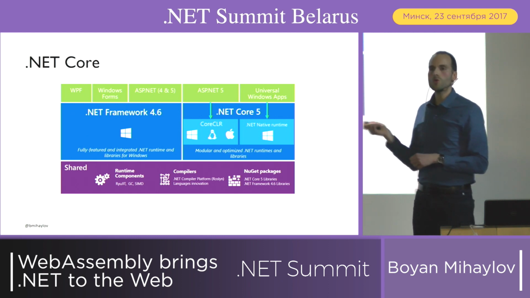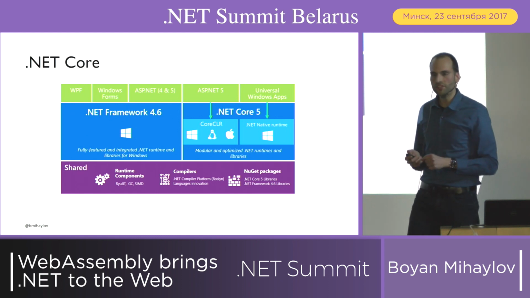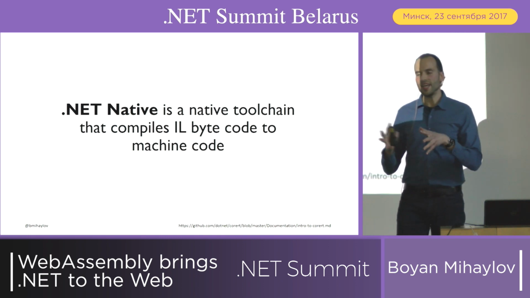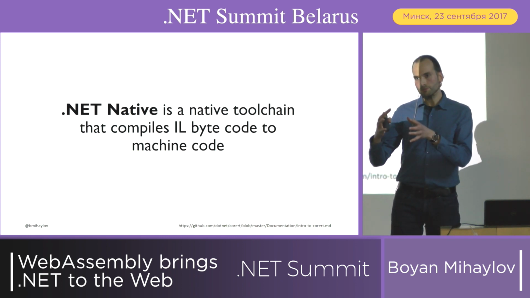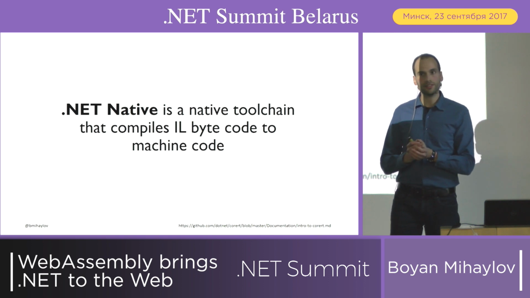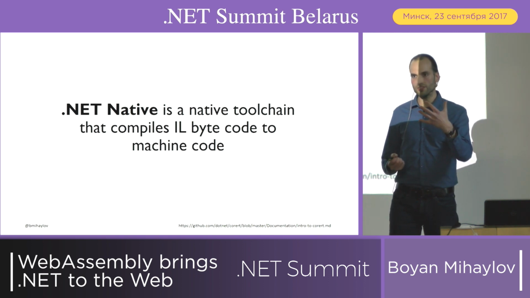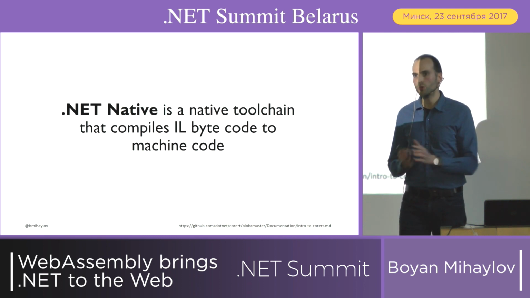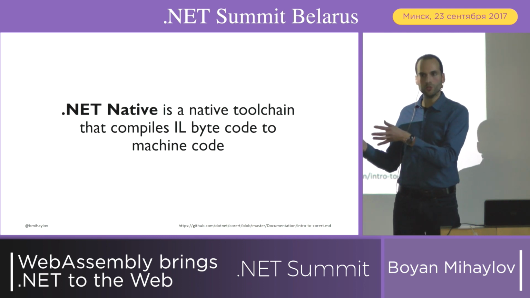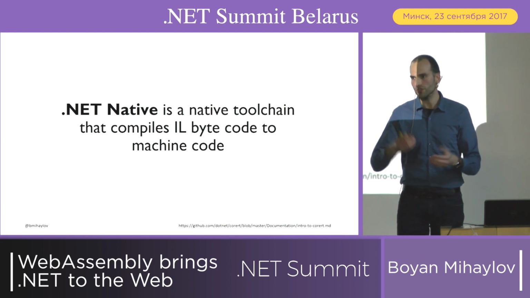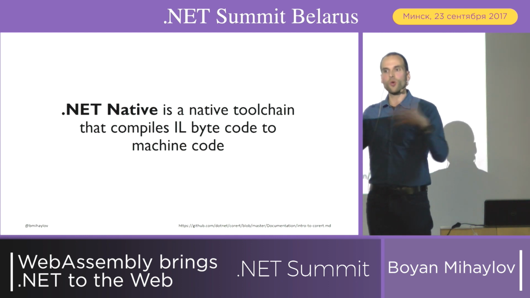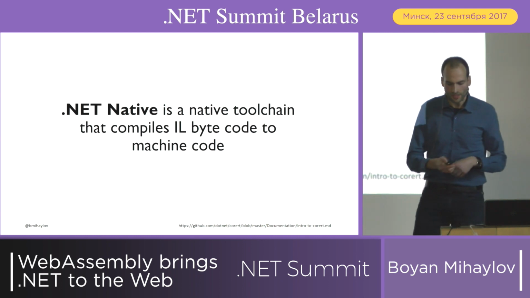And one of the cool projects part of .NET Core is .NET Native, which aims to compile your code and use some standard libraries so that the output is one executable file. So it will be compiled to a native executable that you could run on your computer or distribute easily, instead of having the whole runtime there.